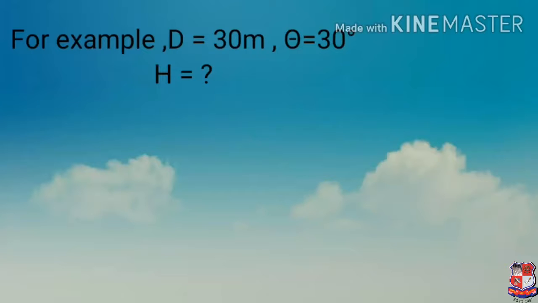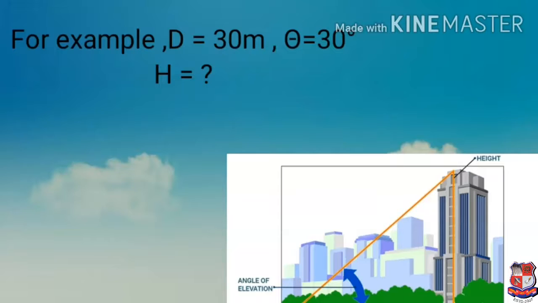Now for example, I want to determine the height of the building, and I put my instrument at a distance d equal to 30 meters away from the building, and the instrument makes a 30-degree angle to the top of the building.